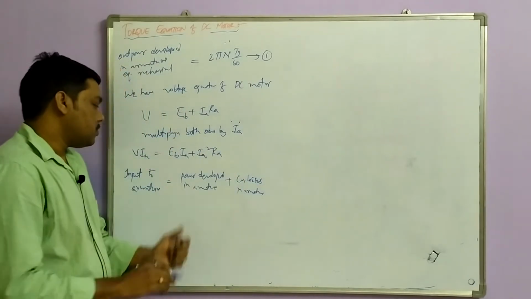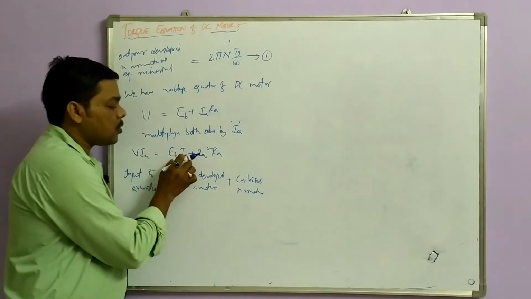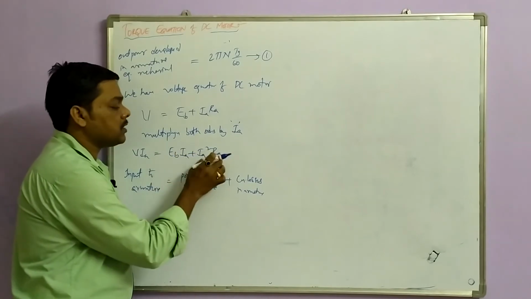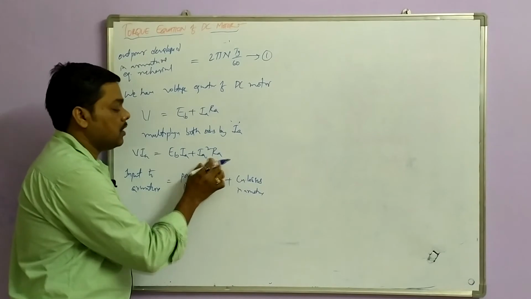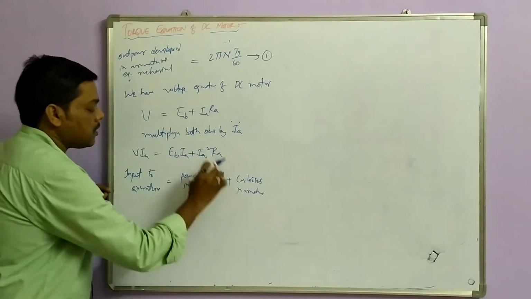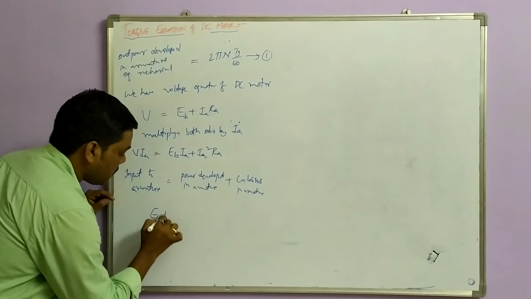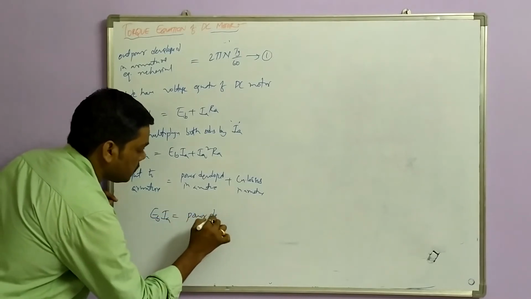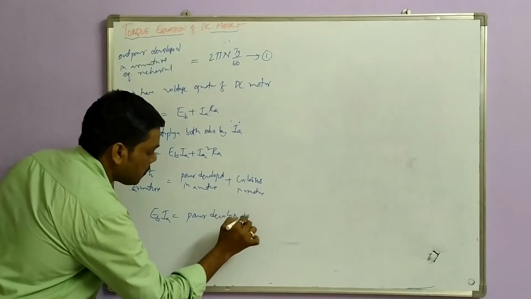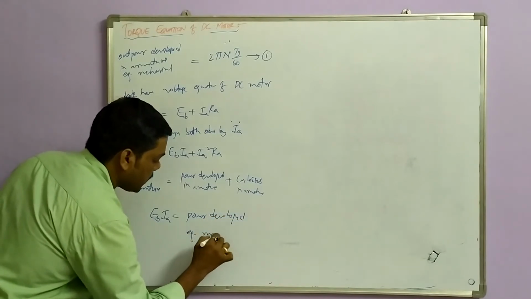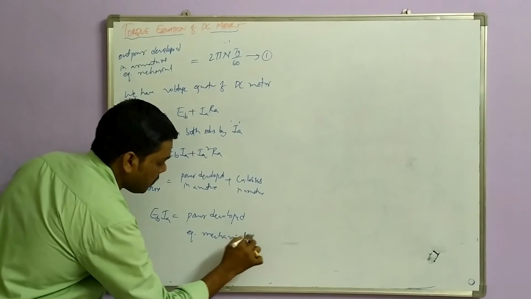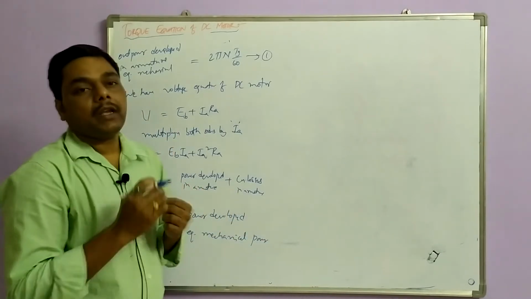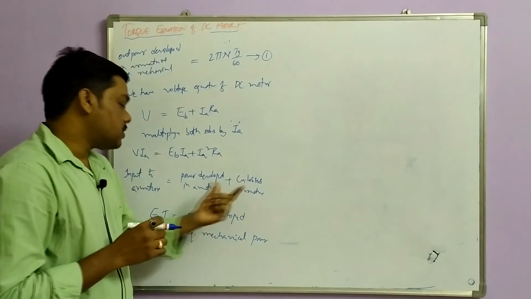Now this is the input, this is the output power of the armature equivalent to mechanical power developed, and these are the losses. The second term, Eb into Ia, is the power developed equivalent to mechanical power. This power can drive the mechanical loads, after some losses.